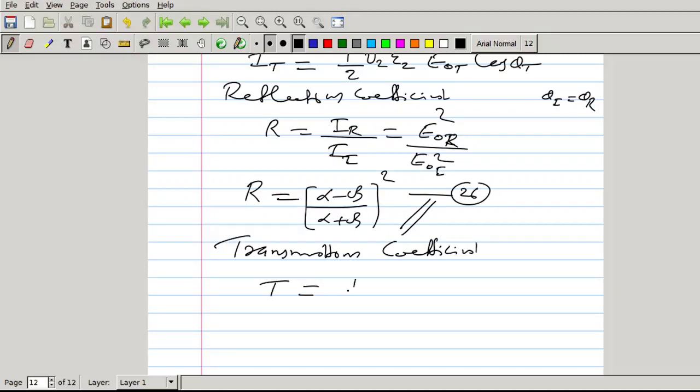Now the transmission coefficient. When you calculate the transmission coefficient, T is equal to the intensity of the transmitted wave by the intensity of the incident wave.